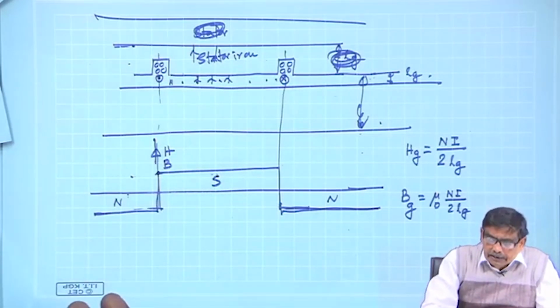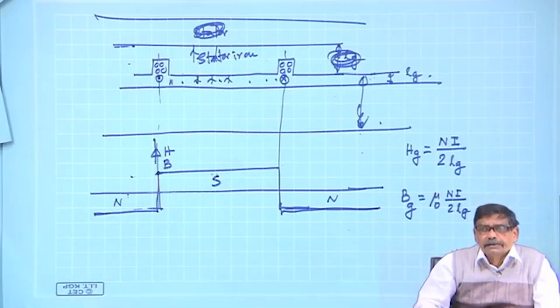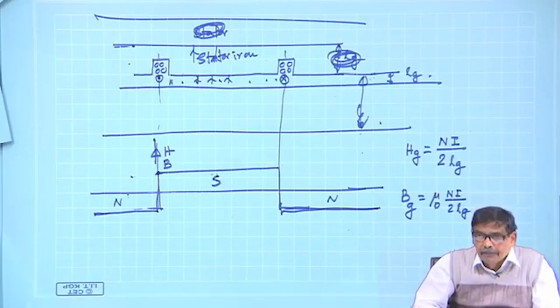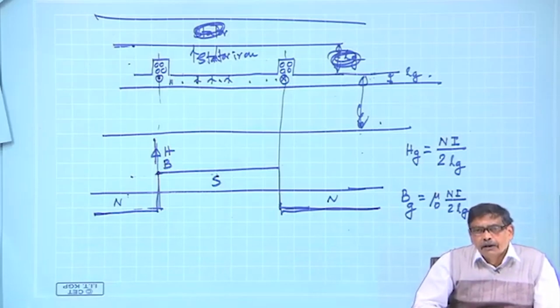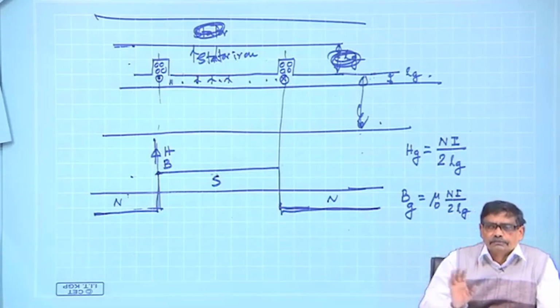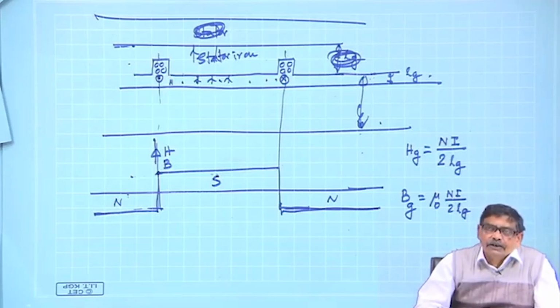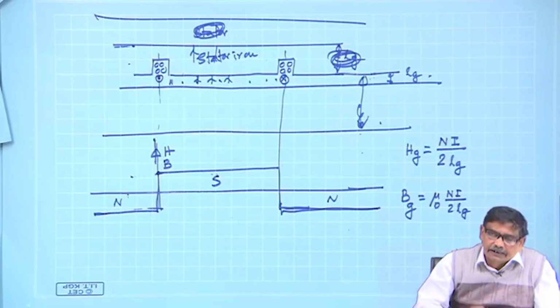In any rotating electrical machine, there will be several coils, we will see in a few lectures from now. But remember, each of those coils, suppose belonging to the stator structure, will be identical. Similarly, each turn, each coil on the rotor body will also be identical.